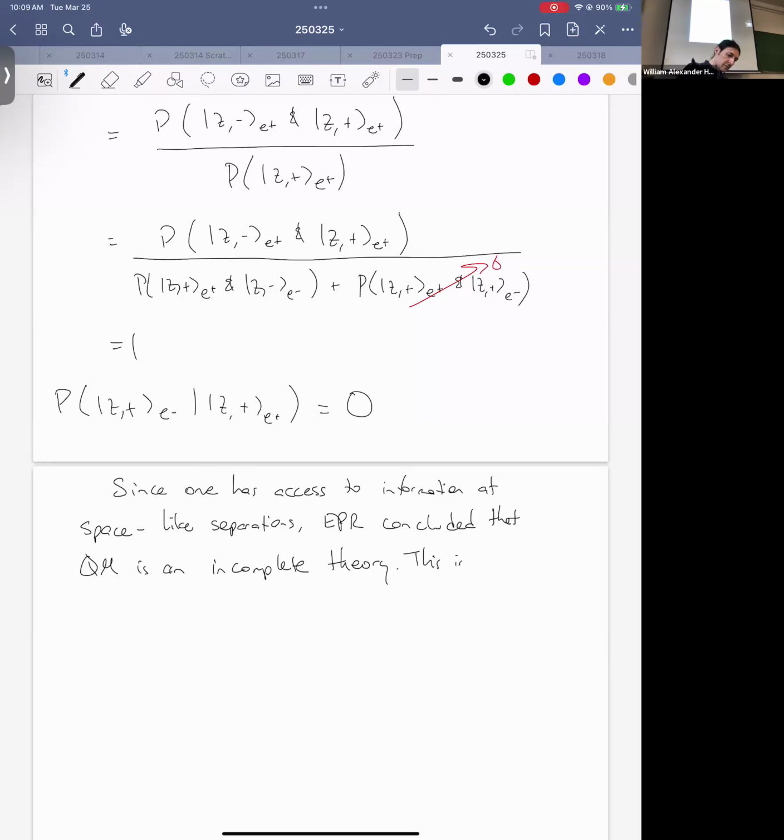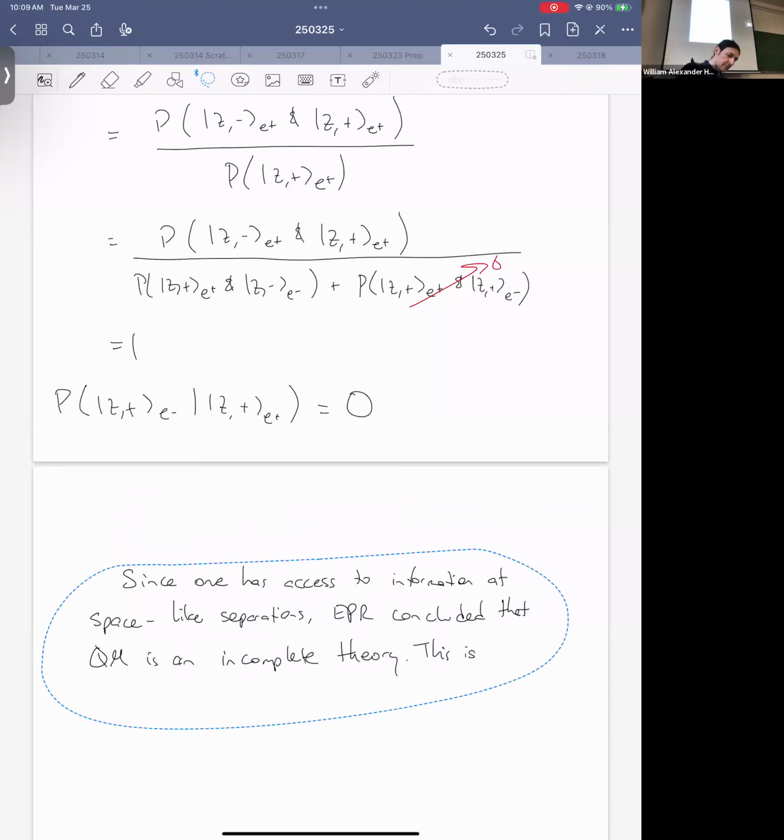So this is the EPR paradox. Well, I think I went around in the wrong logical order. All right, let's try this one more time. Sorry.